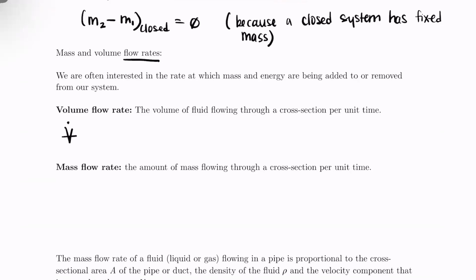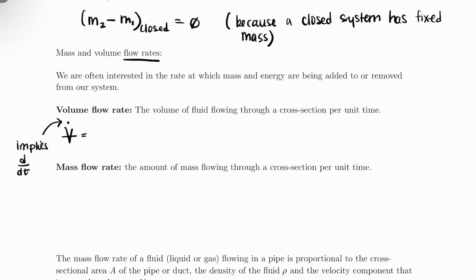So this is dV dt, or the dot means d/dt. Anytime you see a dot, this means it's a rate relative to time.